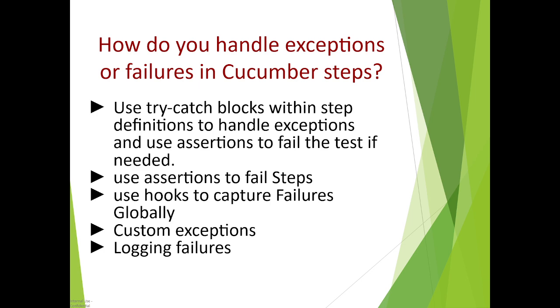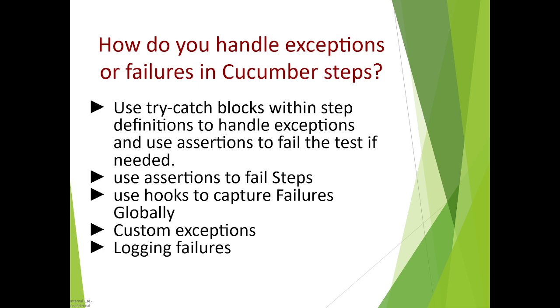Next is you can use assertions to fail the steps. For example, use assertion libraries like JUnit, TestNG, AssertJ to explicitly fail the steps. Next, you can catch exceptions using a try catch block to handle the exception gracefully.